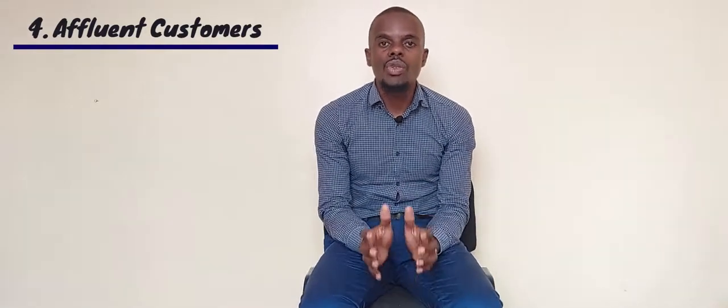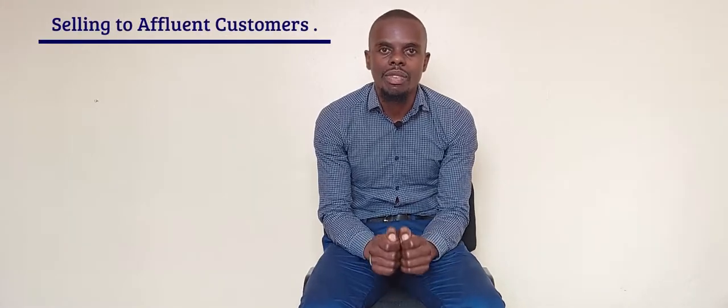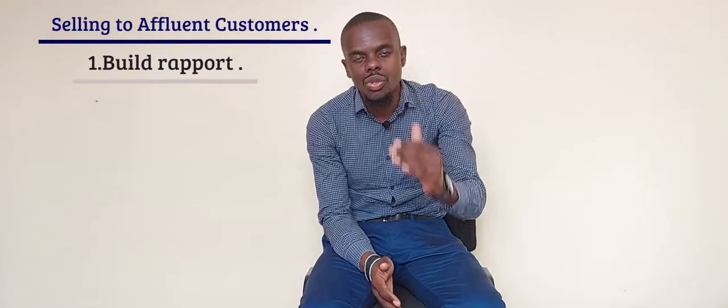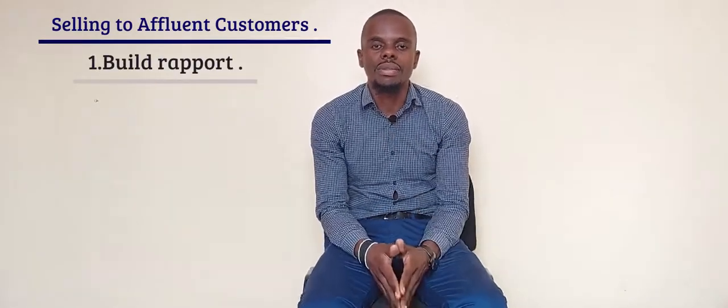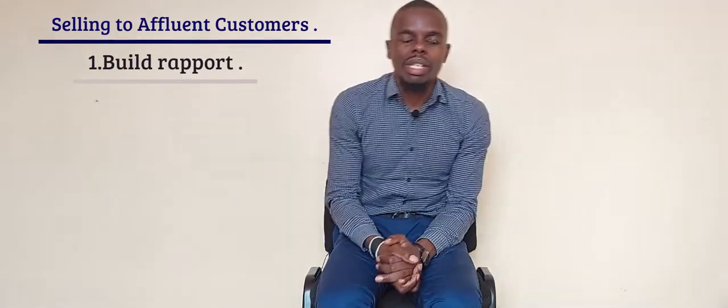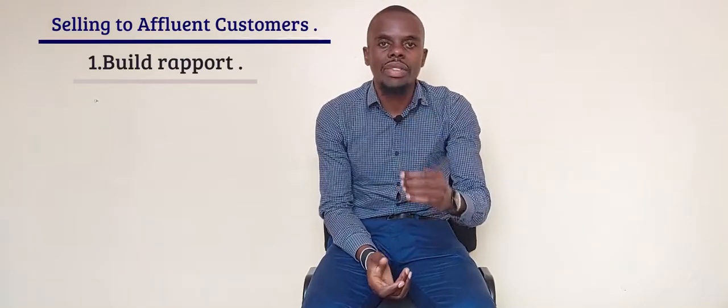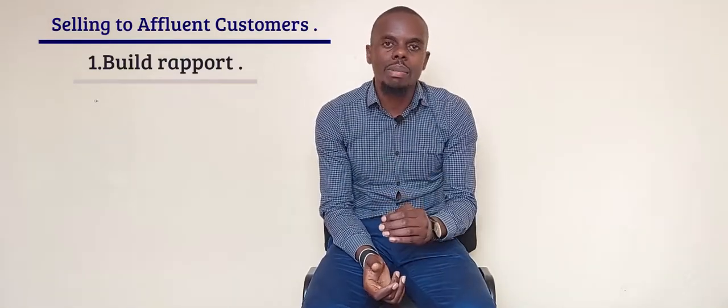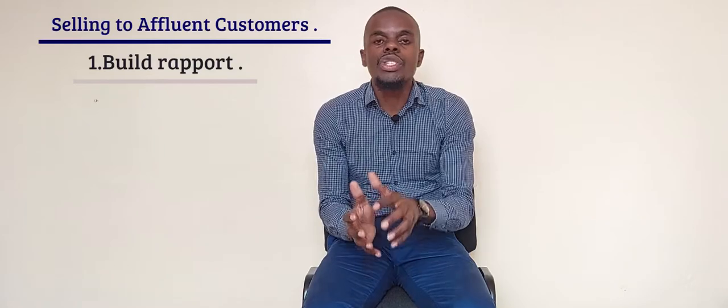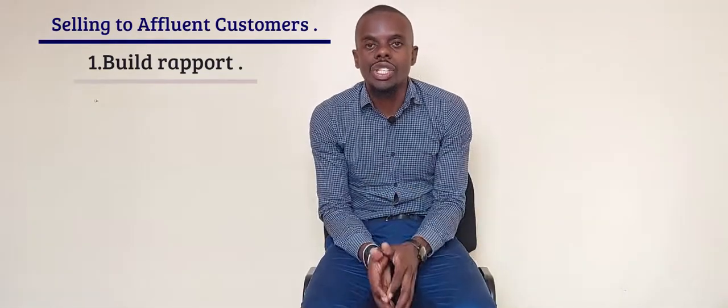So we need to concentrate so much on the emotions of this type of customer. And for you to concentrate on these emotions, number one, you need to build good rapport with these clients. By building rapport, in most cases, you will be touching on their feelings, and you will be pushing them to make a purchase decision.